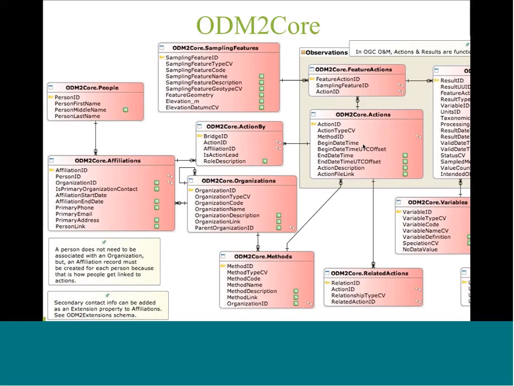We have developed a relatively robust and flexible way to get people and organizations connected in a many-to-many relationship via this idea of affiliation. So basically, one person can belong to more than one organization, and one organization can have many people, and one action can be conducted by either an organization or a person or both or many, and all of that information can be stored there.